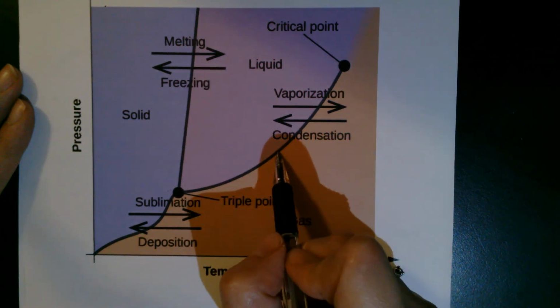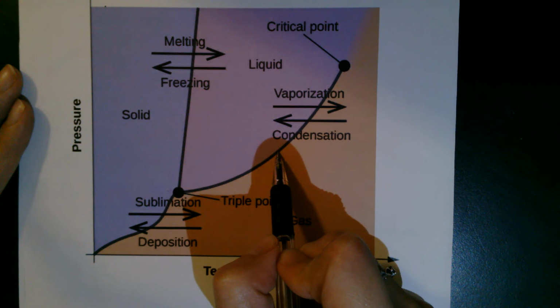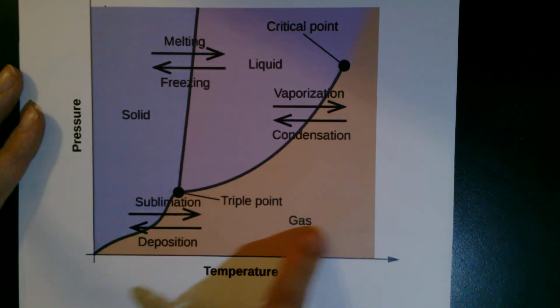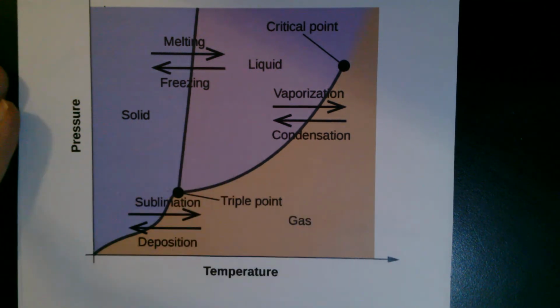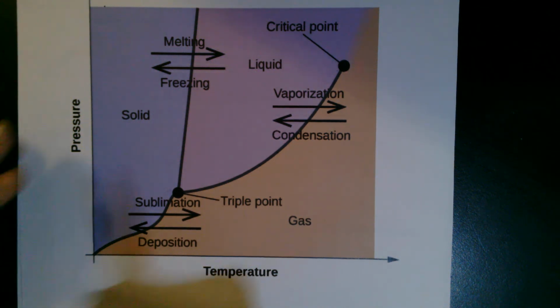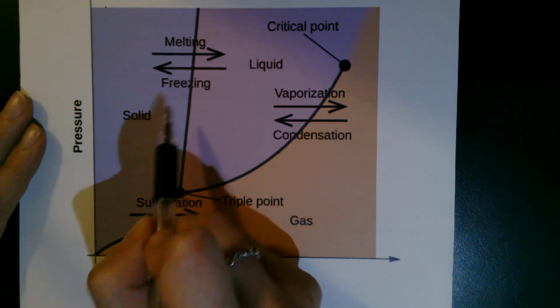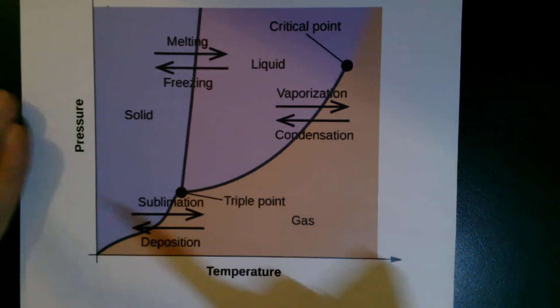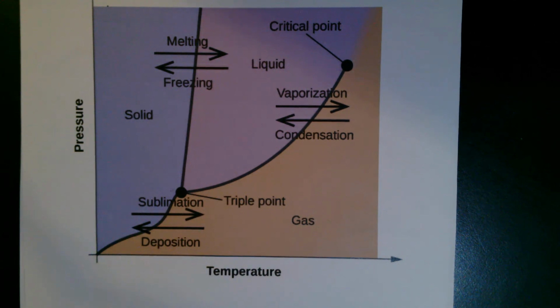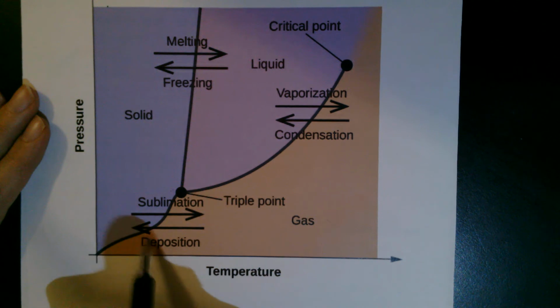If you are at a point, say on this line right here, your substance's gas and liquid phase would be in equilibrium. So you'd have both liquid and gas occurring simultaneously in your sample. On this line, you would have your solid and liquid phases coexisting. Here, solid and gas.